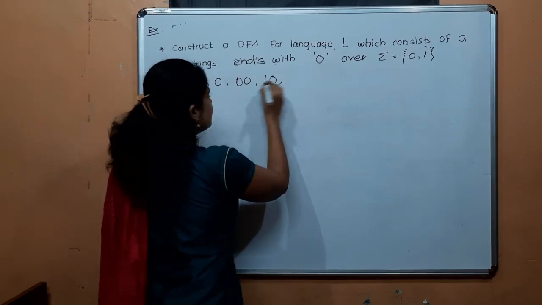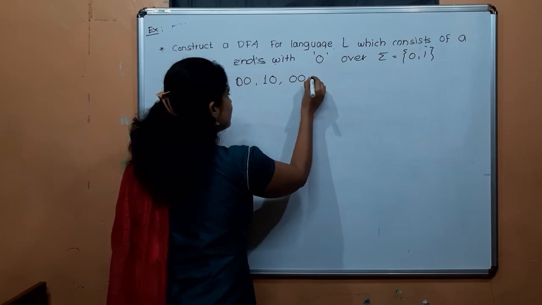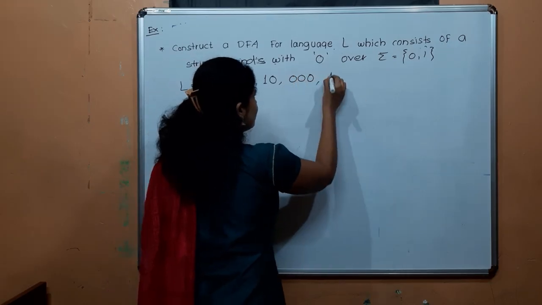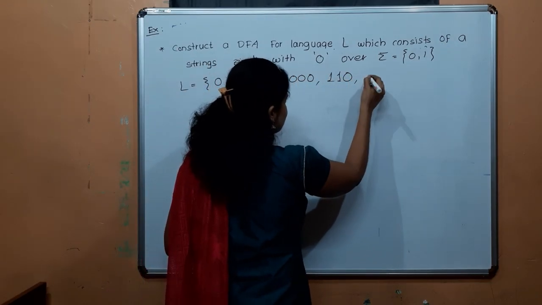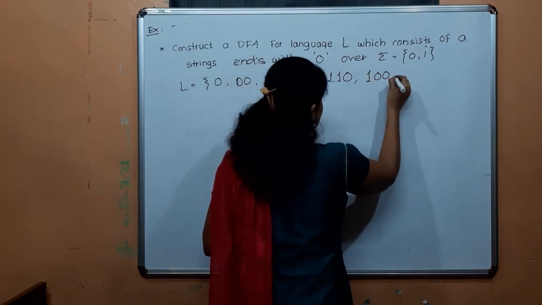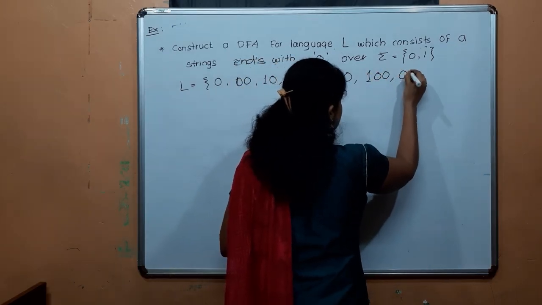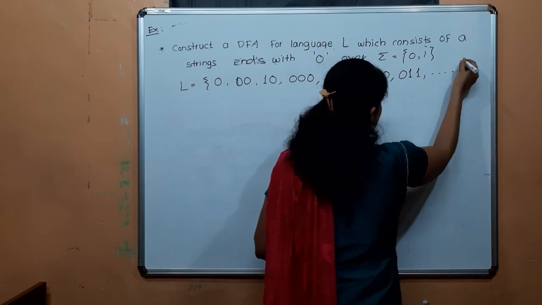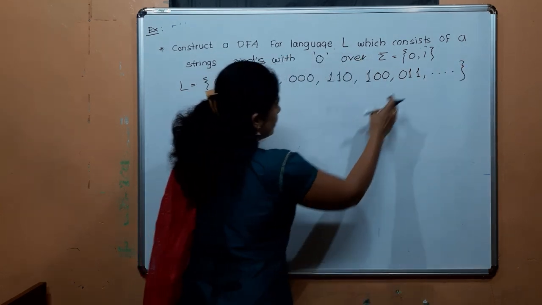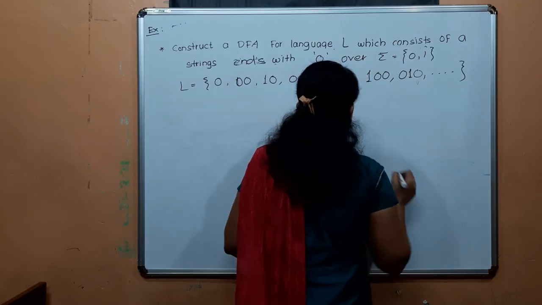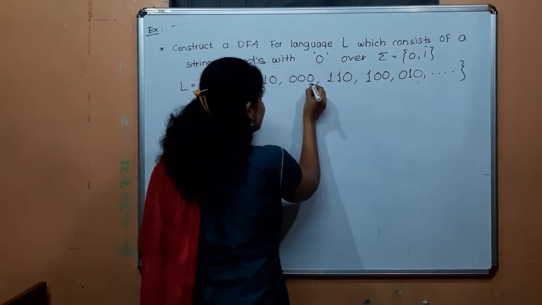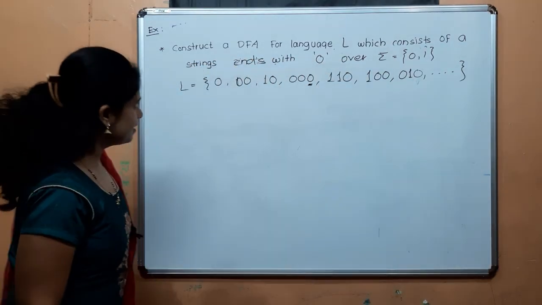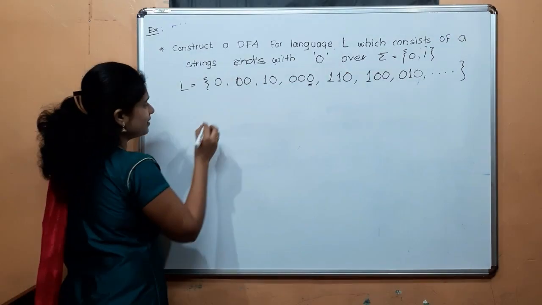Okay, ends with 0, then it starts with any number of zeros, any number of ones or a combination of ones, then 0, 1, 1 and so on. Here we write the 0, because the condition is that the string ends with 0. Okay, the transition diagram.